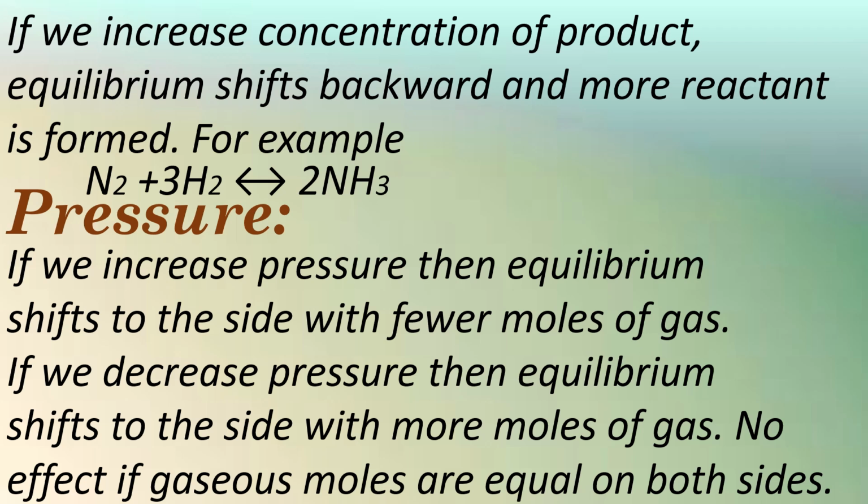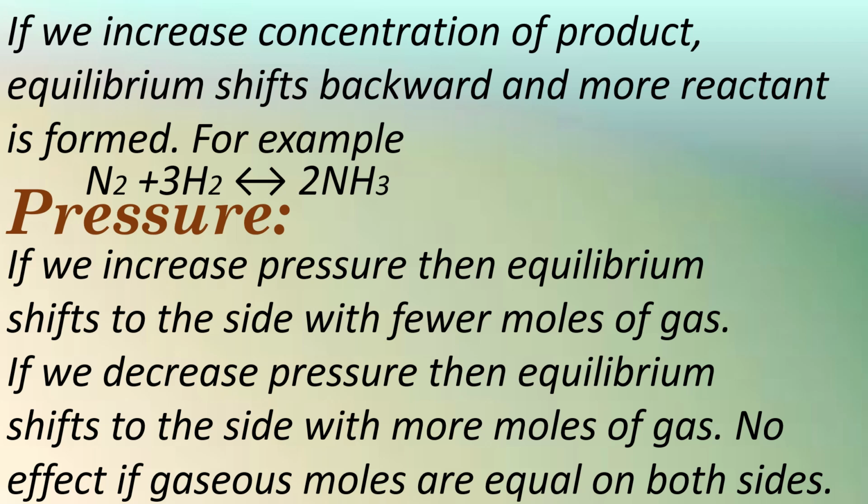Now we take again the example of the Haber process. 1 mole nitrogen gas reacts with 3 moles hydrogen to produce 2 moles of ammonia. This is a reversible reaction. If we increase pressure in this reaction, equilibrium shifts to the side with fewer moles of gas, because pressure and volume have an inverse relationship.